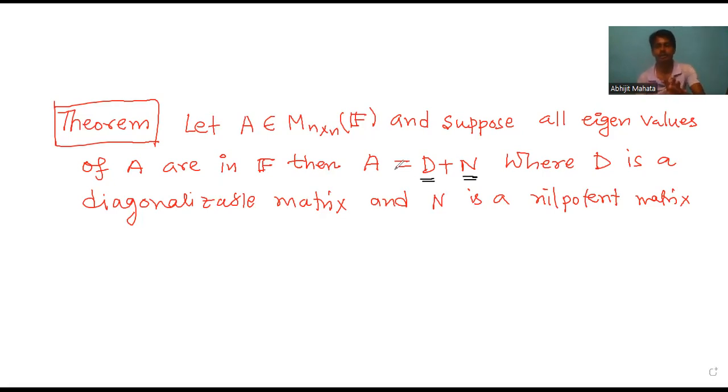But if you have a diagonal matrix and you want to calculate its power, you just take the power of the diagonal entries. Similarly, the nilpotent matrix will have a speciality that we see here.